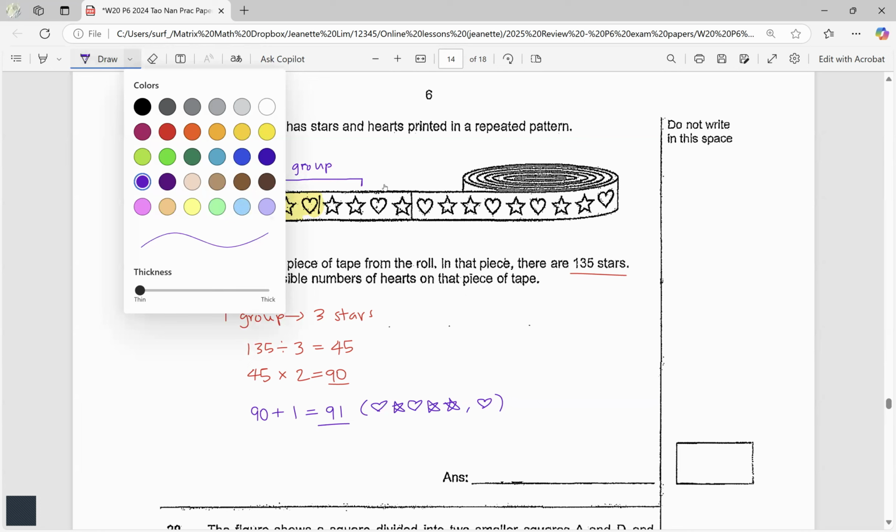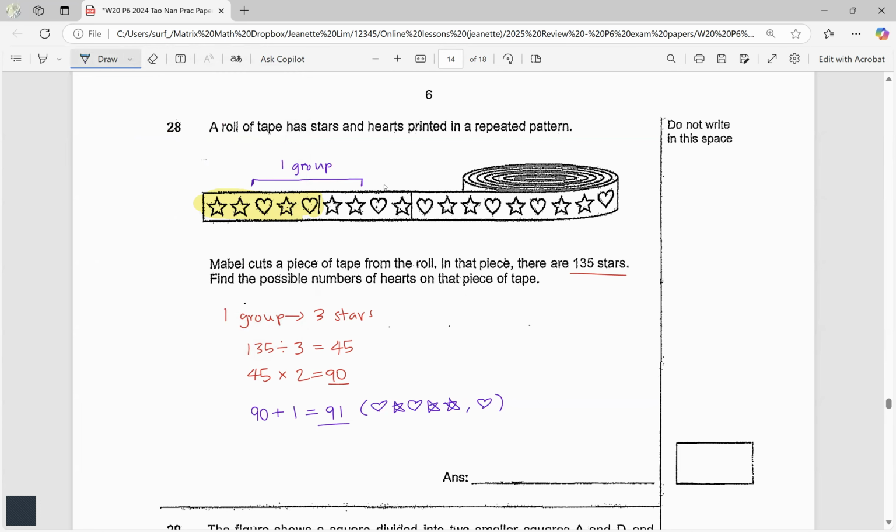Then next, let's use another color. What if it's like that? If this is one group, my next shape is a star. I cannot add the extra star in. So this group will not make any difference, will not give us any other possible answers.